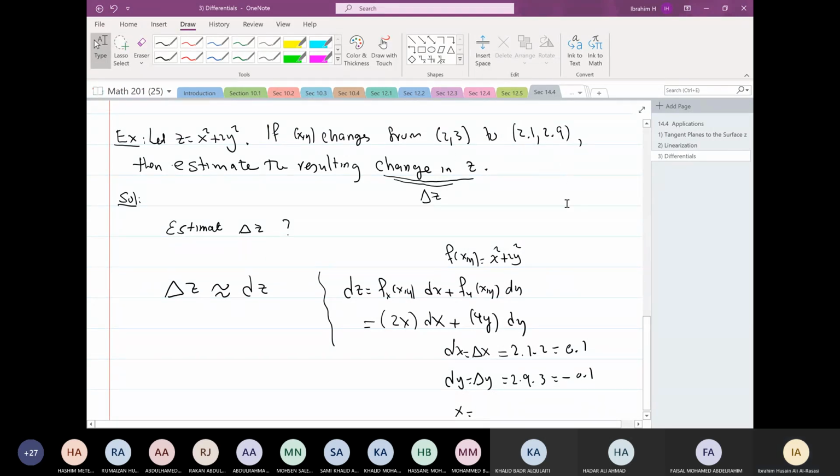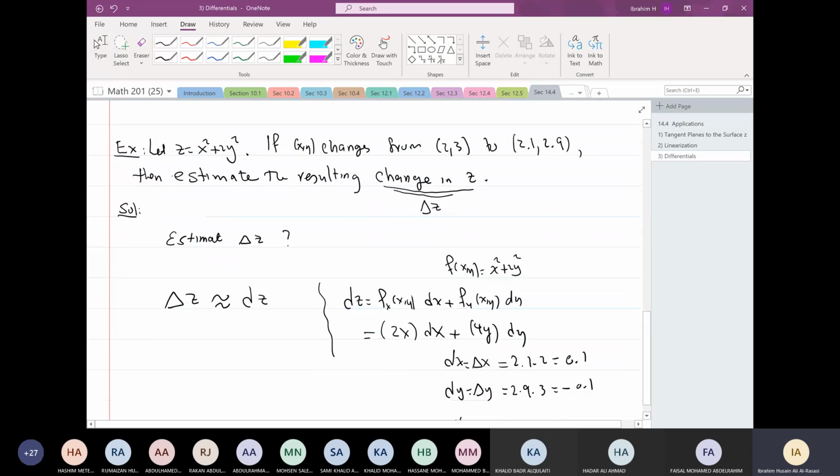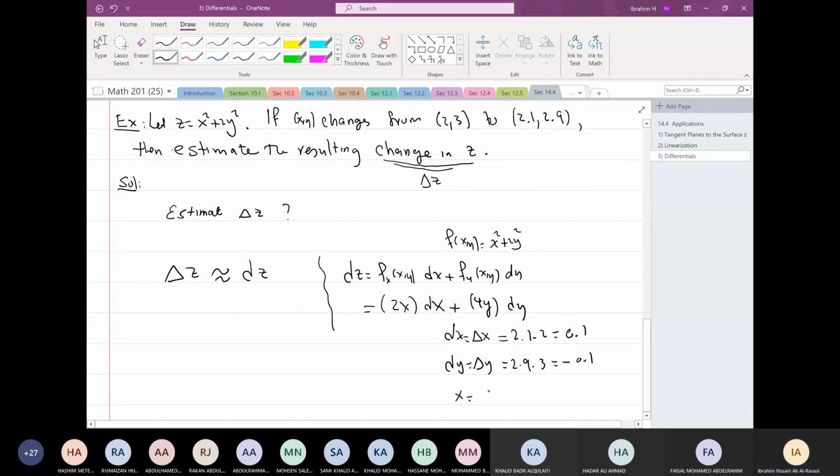Choose the initial. Notice dz is at x0, y0, the initial. For x, y, choose the initial, which means x equals 2 and y equals 3, the initial point.